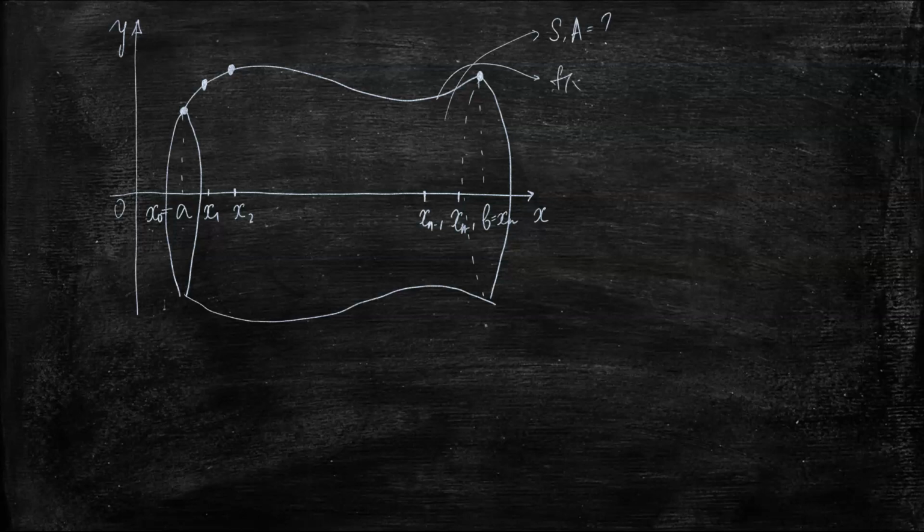This is some function f of x. And we're going to label these points P0, P1, P2, and so on, Pn, Pn minus 1, Pn minus 2. And we're going to be focusing on some ith interval, which generates the points P with index i minus 1 and P with index i.